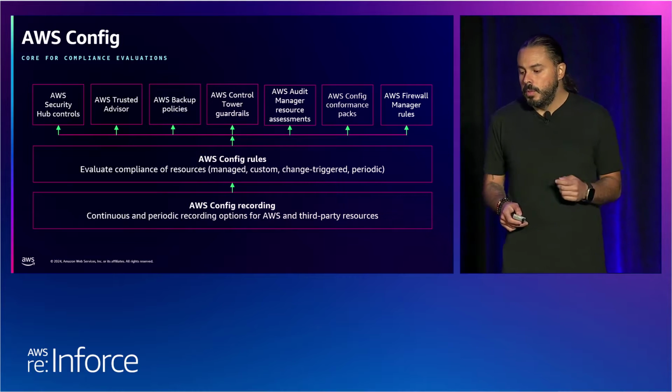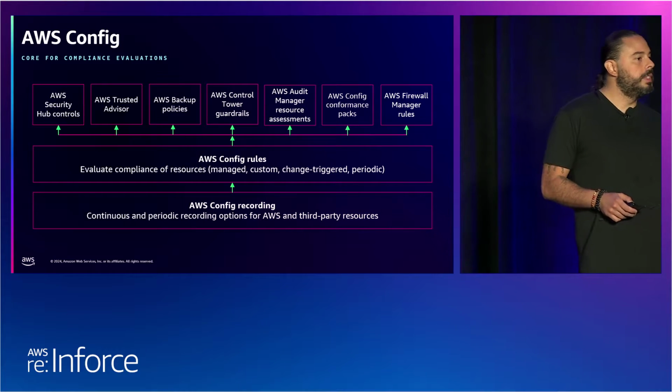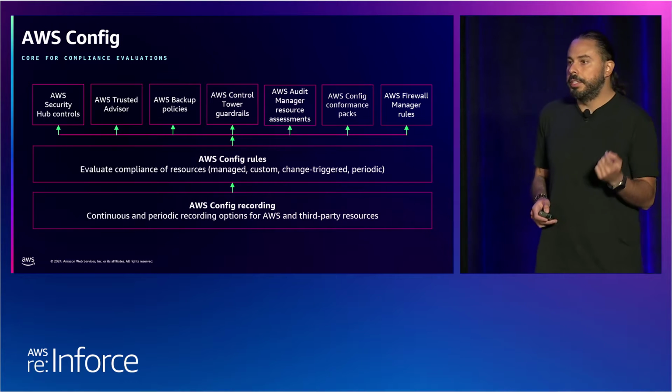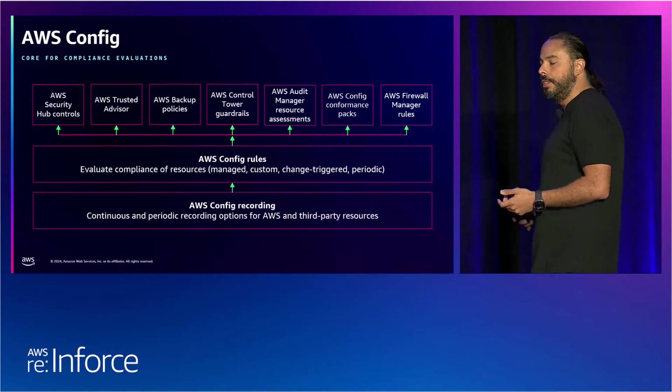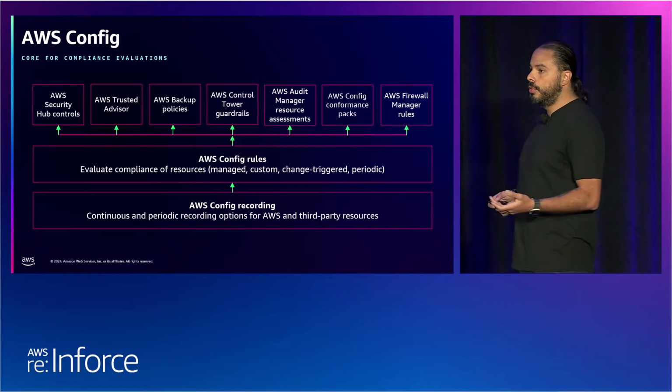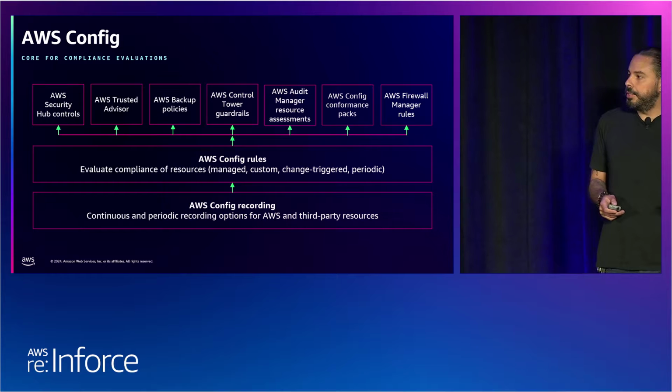And then, as I mentioned, AWS Config gives you the capability to enable a lot of other services. For example, the security frameworks that we see in Security Hub are basically leveraging AWS Config rules in the backend. So those are what we call Security Hub managed Config rules.